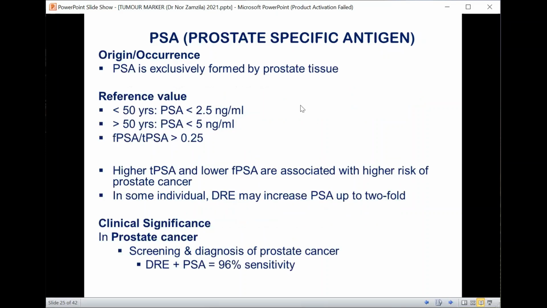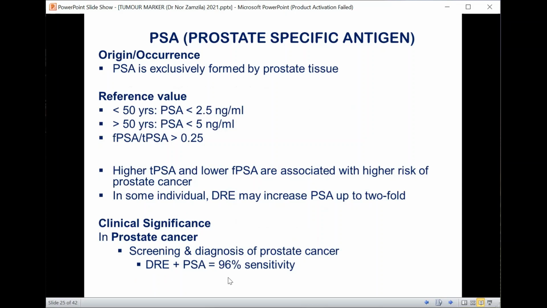The prostate specific antigen. So PSA is the only tumor marker that is organ specific. It is specific to prostate, but it is not specific to prostate cancer. So what we can do is use PSA for screening and also diagnosis of prostate cancer by combining this finding with the digital rectal examination.